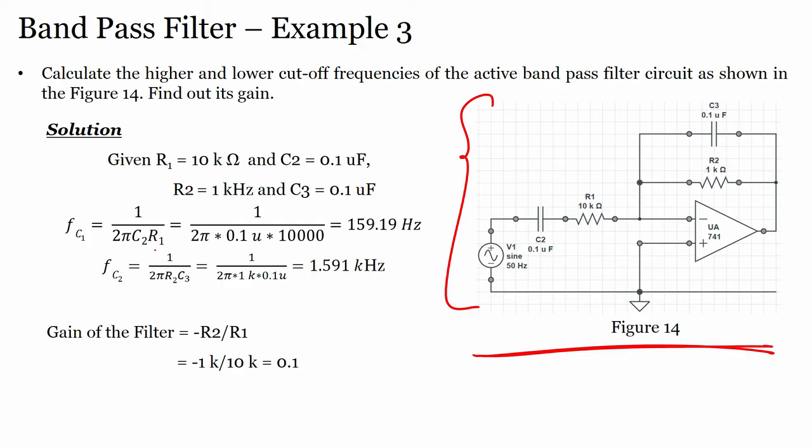If you use an op amp in between the high pass filter and the low pass filter, it becomes your active band pass filter, right. And in the op amp, you can use a non inverting operational amplifier or an inverting operational amplifier.